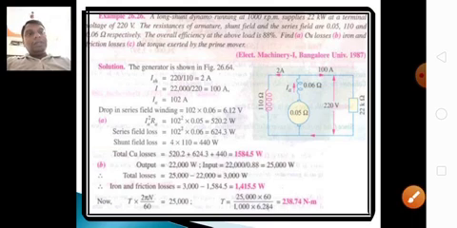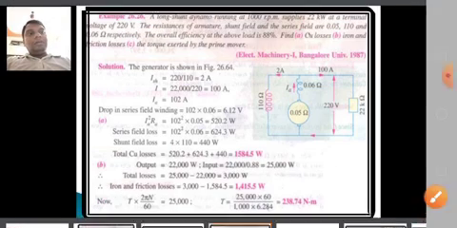And IA equal to IL plus ISH, right? Here ISH is 2 amps, and IL is 100 amps.